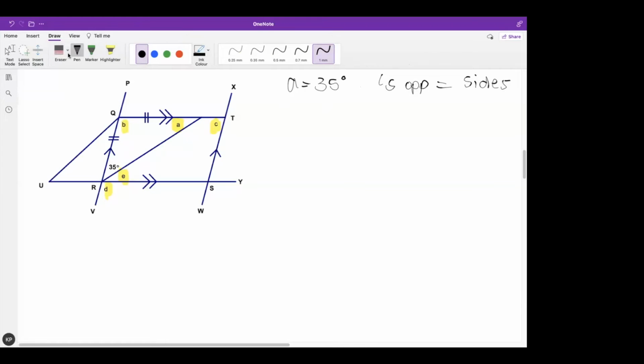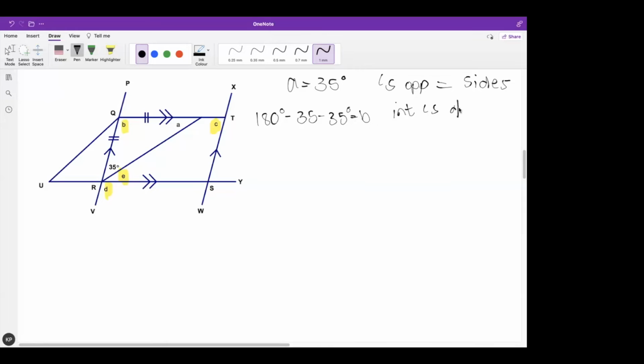Okay, so we have A, so I'm going to unhighlight it. Next, to figure out B, we say 180 minus 35 minus 35, and the reason is interior angles of a triangle. Nice.